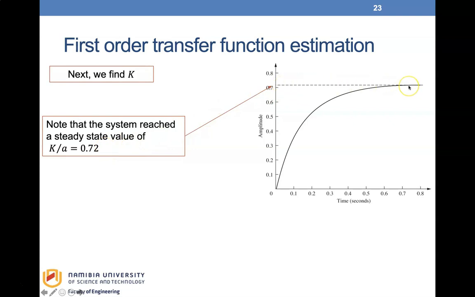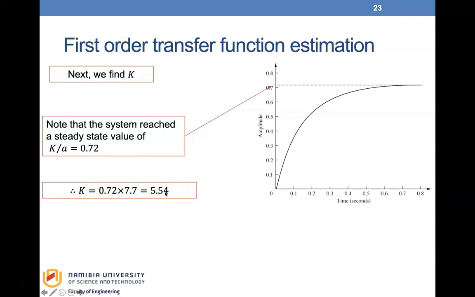So at steady value 0.72, we now know that our K will be equal to 0.72 multiplied by A, which is 7.7. And therefore our K is 5.54.